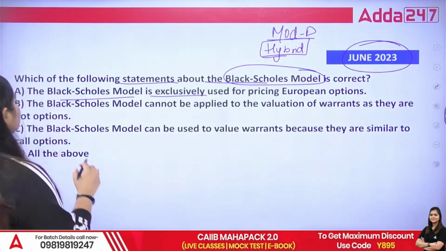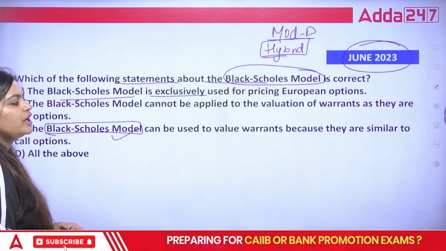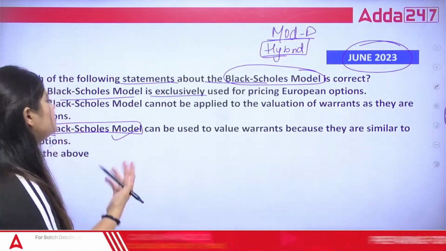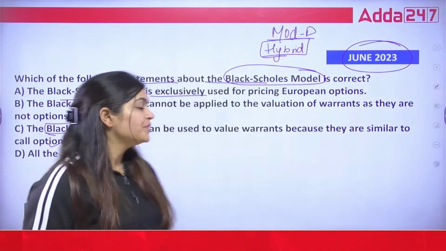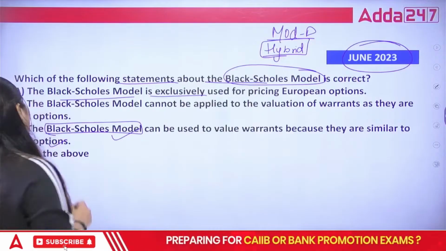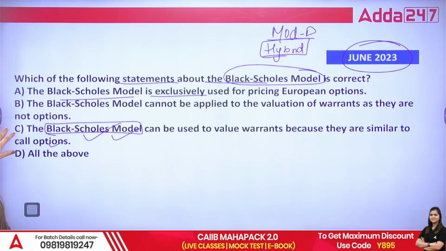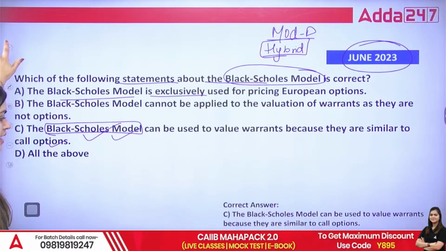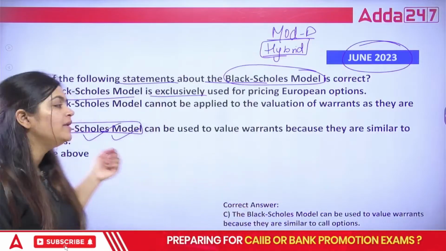You can use the Black Scholes model. Just remember the name, because warrants are similar to call options, so with the help of that you can value them. The correct answer of this question is answer C. It was a direct question they asked in June 2023 about the Black Scholes model. This can be used to value warrants because they are similar to call options.